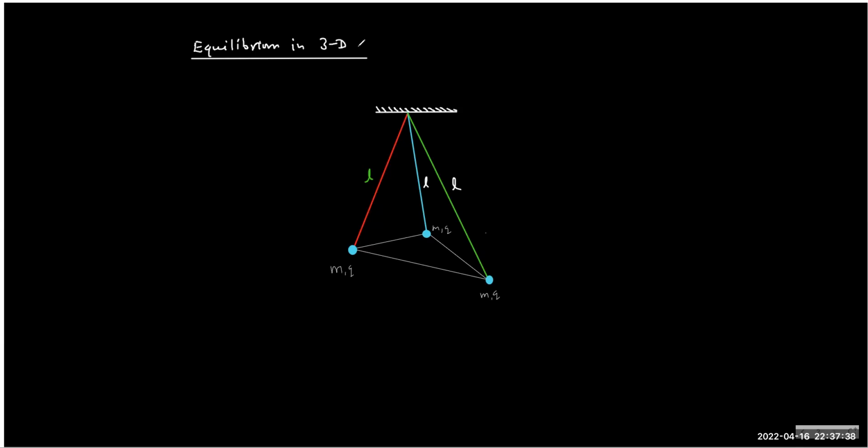Yes, sir. Because of symmetry, no other reason. I'm calling this the vertical, and the angle given to you is theta. So at equilibrium, the angle made by each string with the vertical is theta, of course in three different directions.